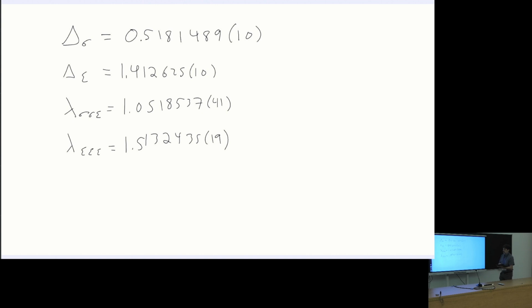So, while this is a great start, it misses some things, and so I want to highlight what this analysis is missing. So first of all, in these OPEs we wrote down, there are no parity odd operators appearing anywhere.